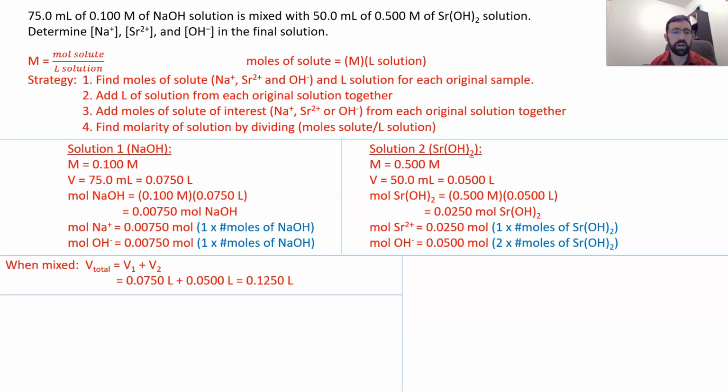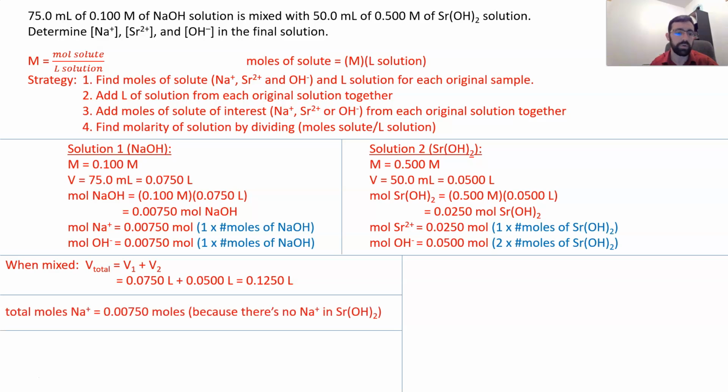Then we want to find the concentration of sodium, strontium, and hydroxide ions. Let's start with sodium. First, we need to find how many moles of sodium we have. We would add up the sodium that we see from every part of this. I only see sodium in sodium hydroxide. There's no sodium in the strontium hydroxide mixture, so we don't have to worry about that.